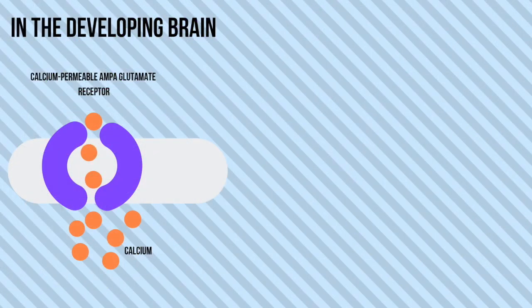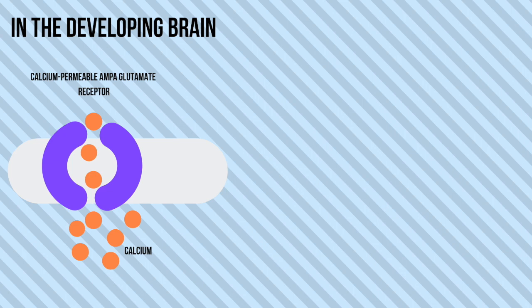In the developing brain, immature synapses contain calcium-permeable AMPA glutamate receptors, which conduct fast synaptic signals at excitatory glutamatergic synapses. These are excitatory synapses that use glutamate as a neurotransmitter.